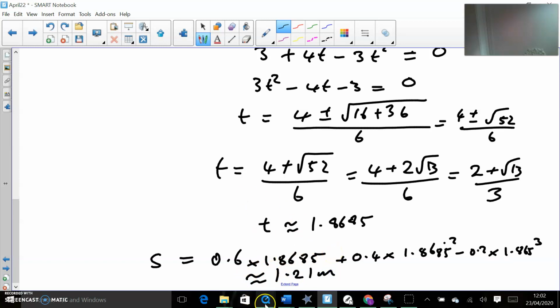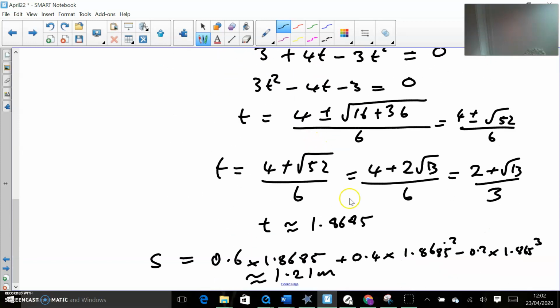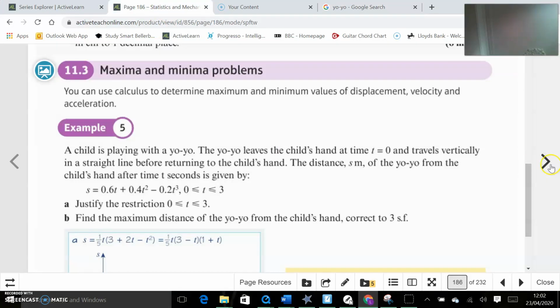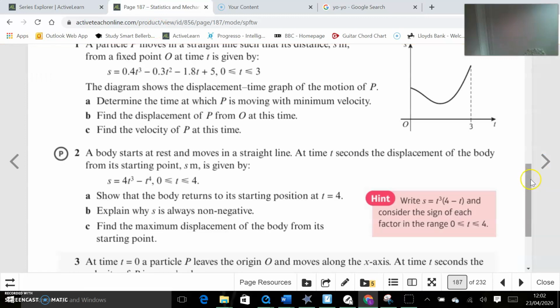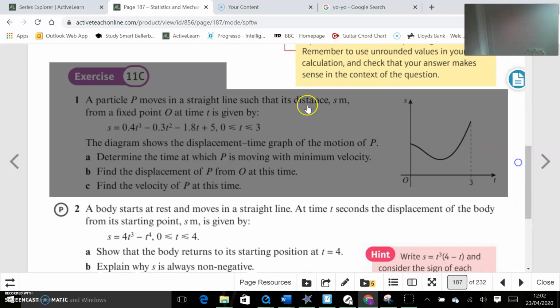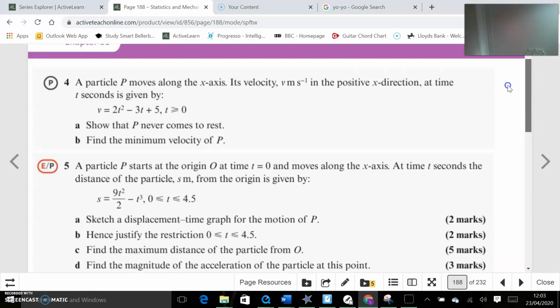Okay, so having gone through that, the next thing to do would be to go back to the book and practice finding maximum and minimum values by doing exercise 11C here on page 187, which has 6 questions.